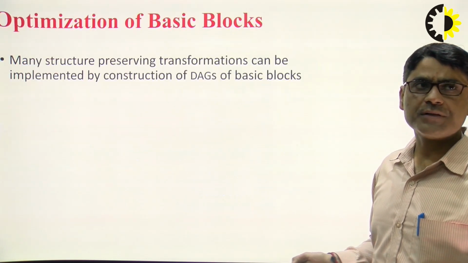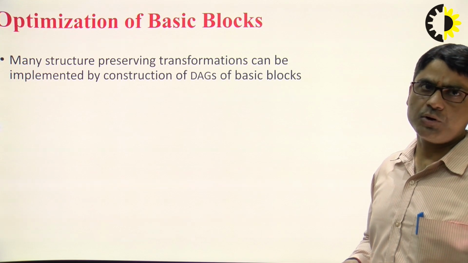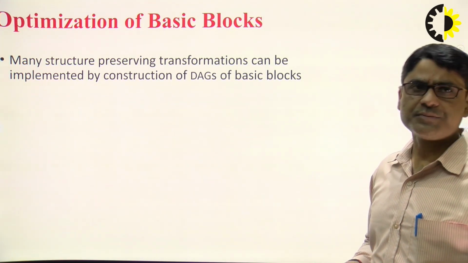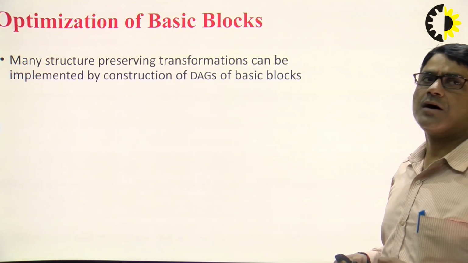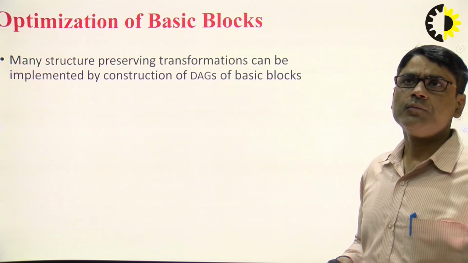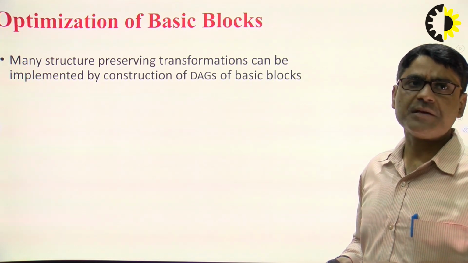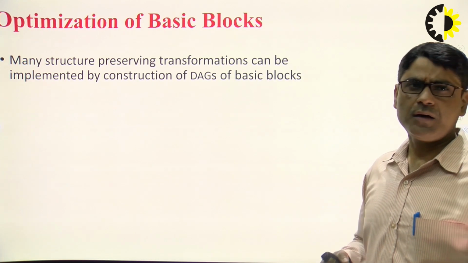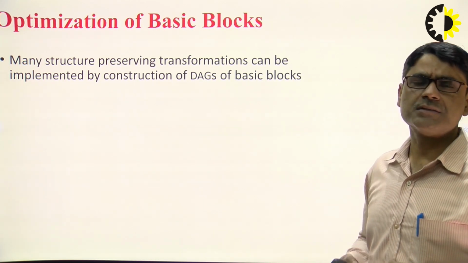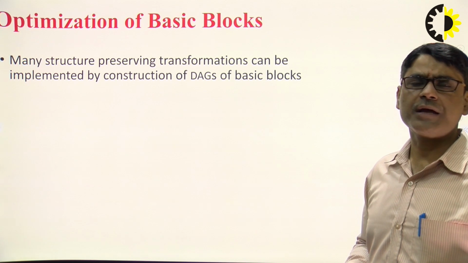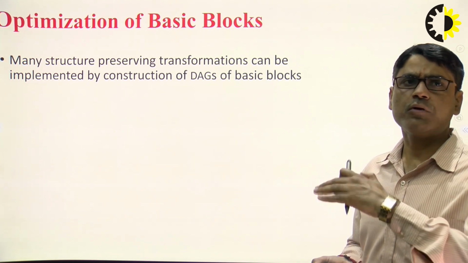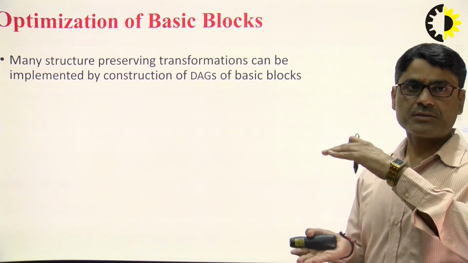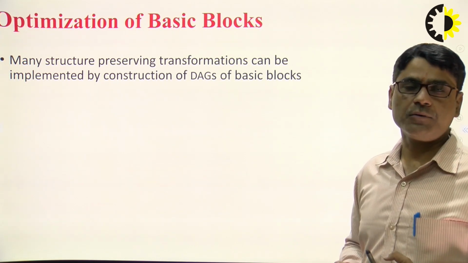So now I am going to discuss the optimization of basic blocks. You know that first, whatever intermediate code we have generated during the previous phase of the source code, we have to convert it into basic blocks. And you know that basic blocks are divided on the basis of leaders, and these leaders are statements through which you can divide the program into blocks that are connected to a particular part.